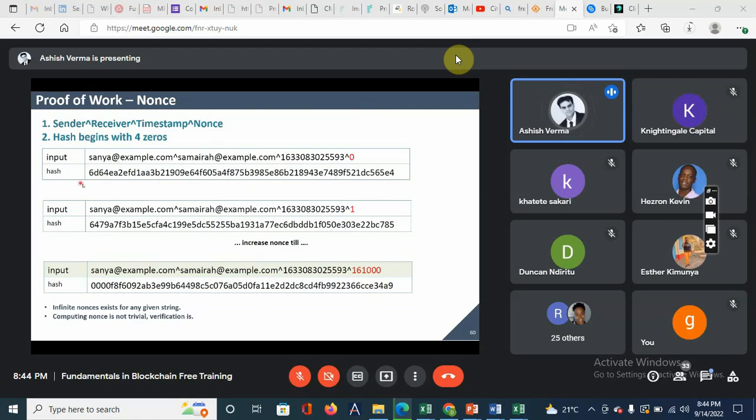The computational problem given to the miner is to find a hash, by changing this nonce, which has 4 leading zeros, so it should start with 0, 0, 0, 0. All the miners will start looking for that hash. They will keep changing the nonce, trying 1, 2, 3, 4, 5, and keep going just to find it.